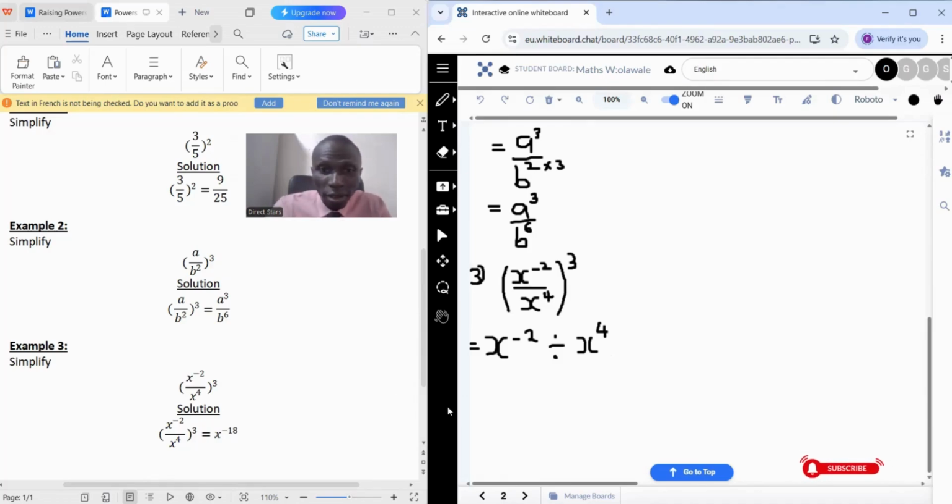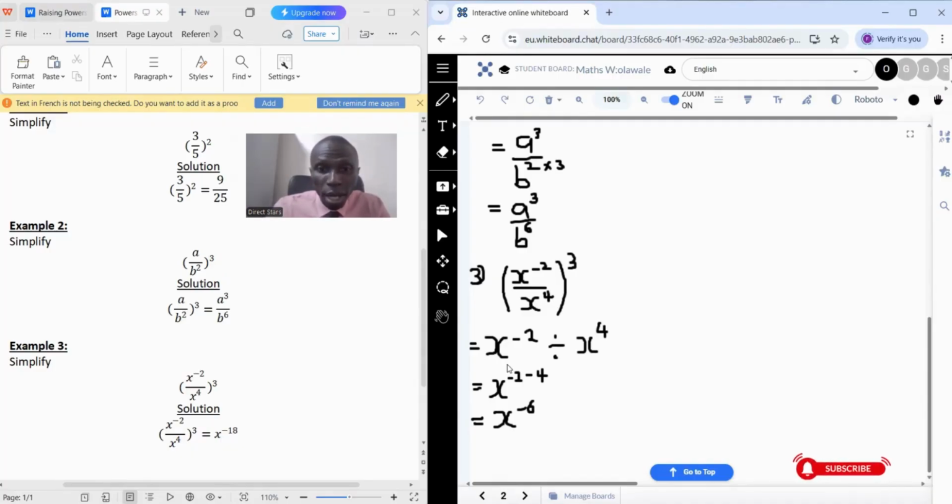So we can have this to be equal to x raised to the power of minus 2 minus 4. That's minus 6. So we'll simplify what we have there in the fraction to be x raised to the power of minus 6.